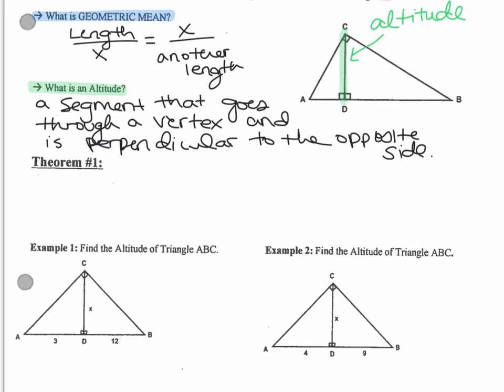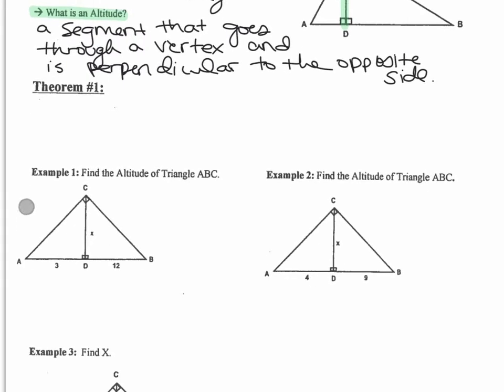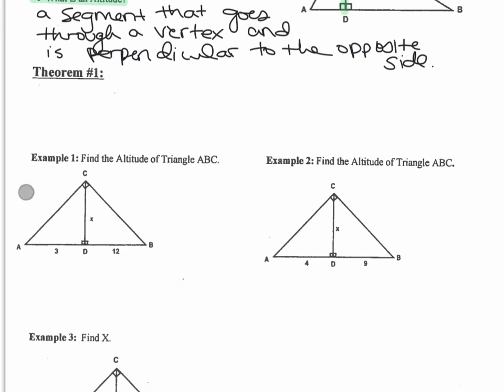So we have two different theorems in which I can find information based on the altitude by using the geometric mean. Theorem 1 is when I'm finding the altitude.